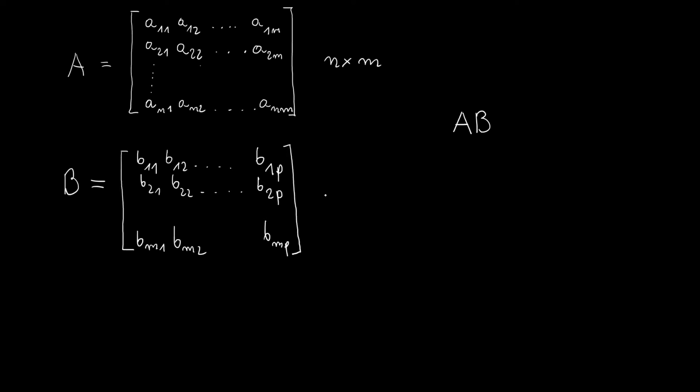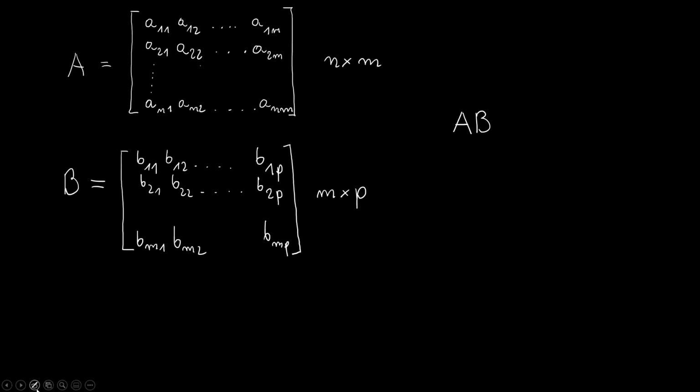So B has dimension m times p, where this is the number of rows, this is the number of columns. So now we can do multiplication. The purpose of writing this was that now we will try to write matrix multiplication using the sigma sign.